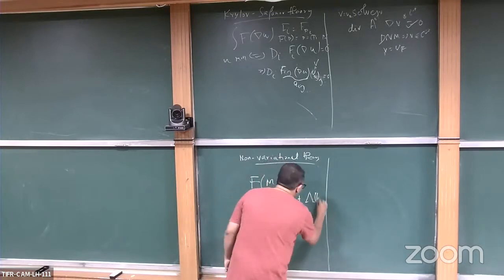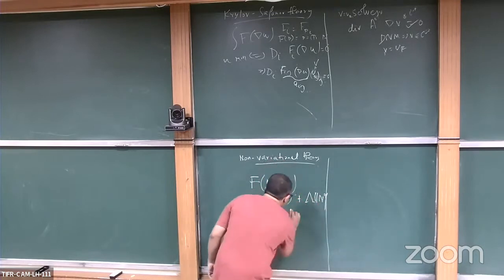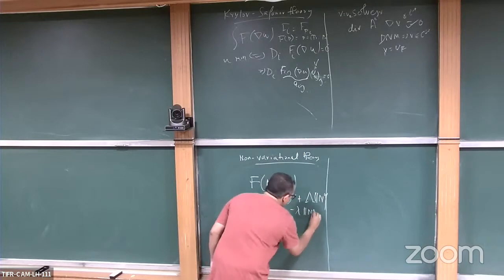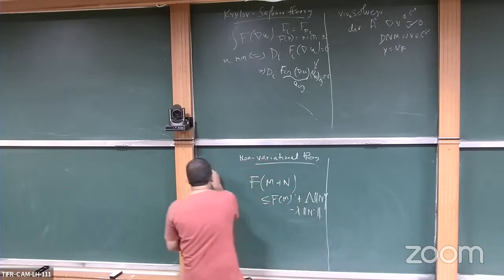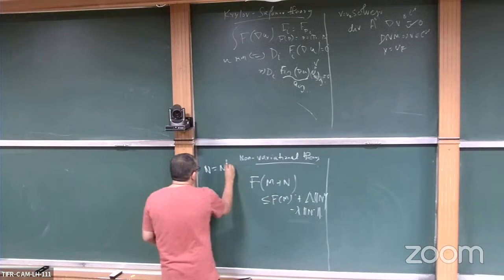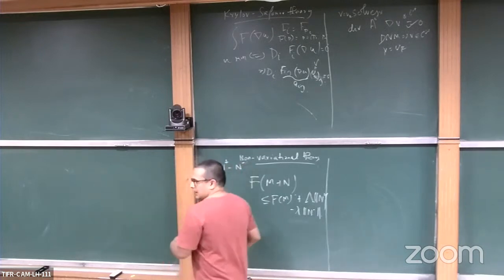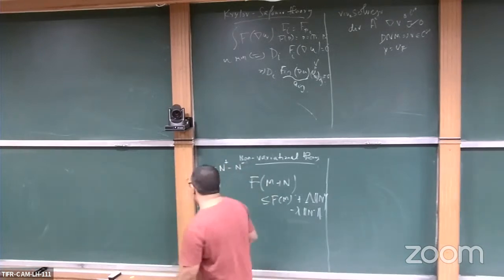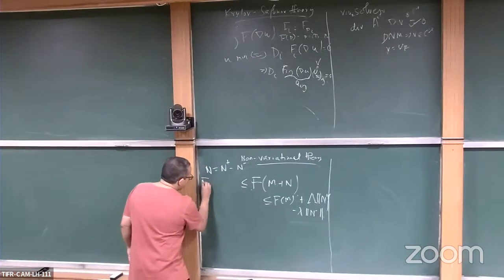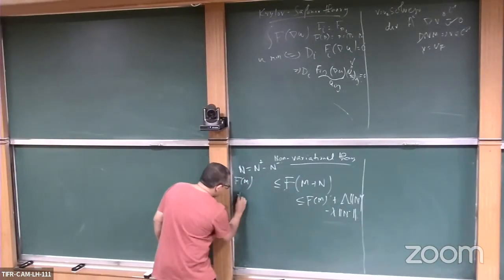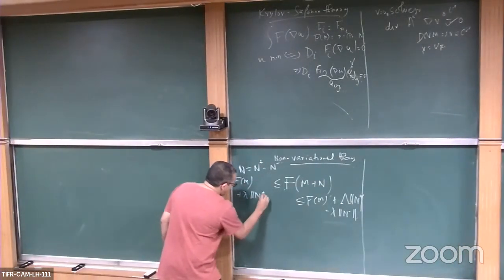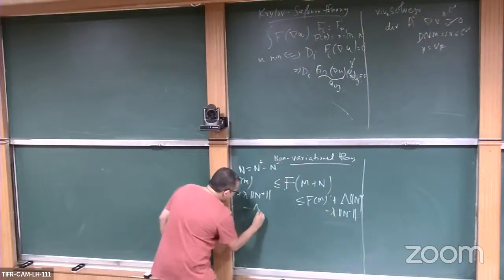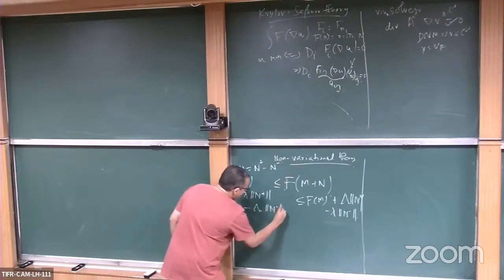So you write it as N plus minus Lambda N minus. Any N has a positive part and a negative part. And then you also assign a similar bound from below: this is bigger than or equal to F of N plus little lambda N plus minus capital Lambda N minus.